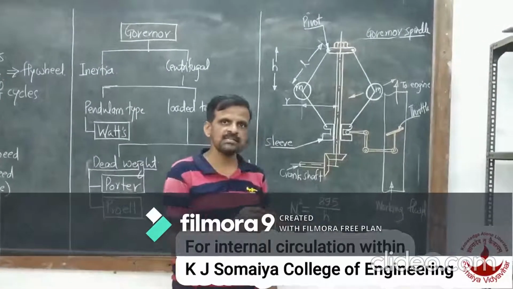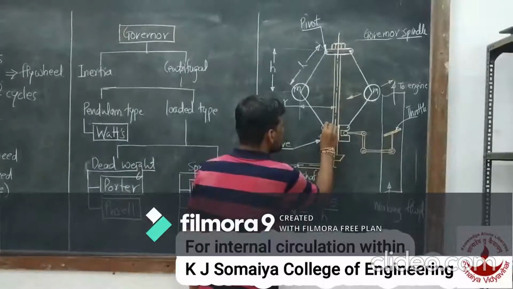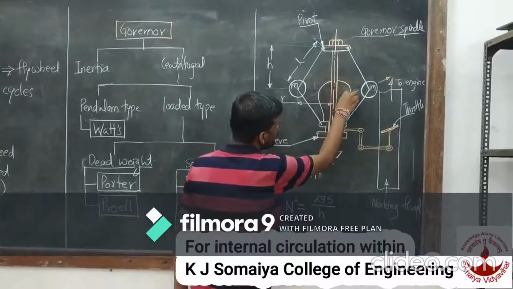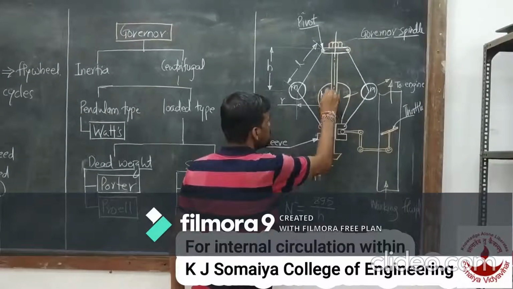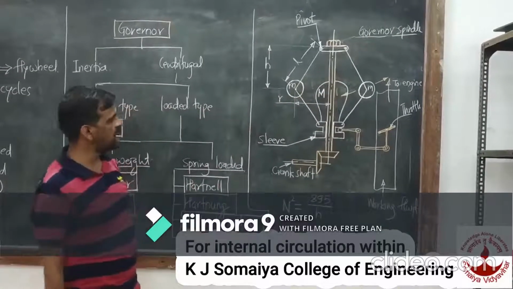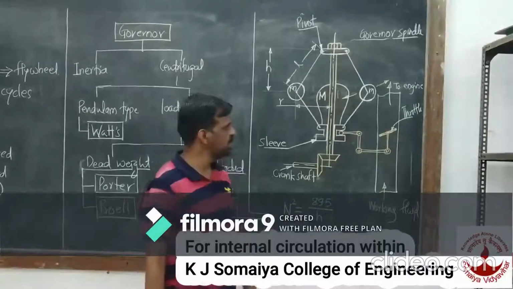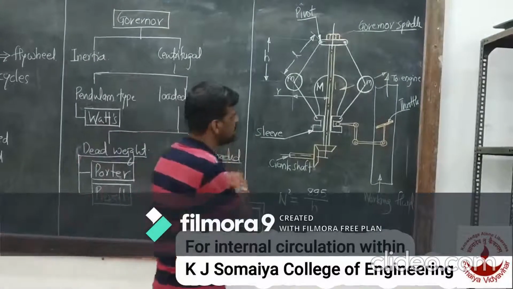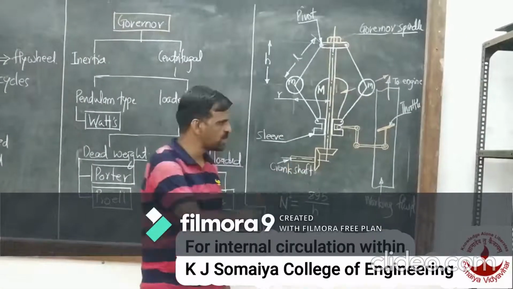Now I modify this to the Porter governor. The Porter governor is nothing but a modification of the Watt's governor, where an additional weight is applied onto the sleeve in order to increase the range of speed within which the governor can be used. Here I am denoting the weight applied onto the sleeve in the Porter governor as capital M. The working of the governor remains the same in both cases, Watt's governor or Porter governor.